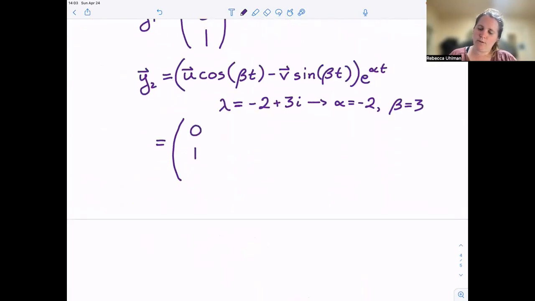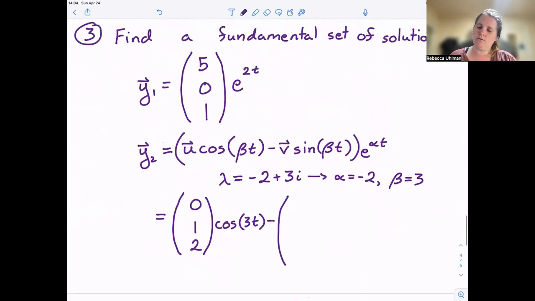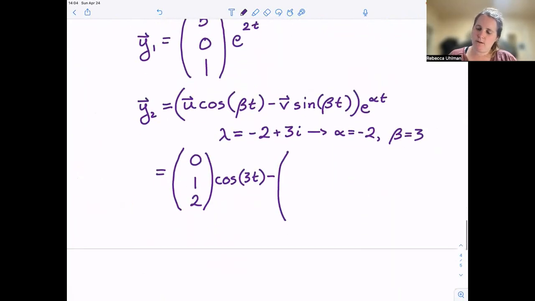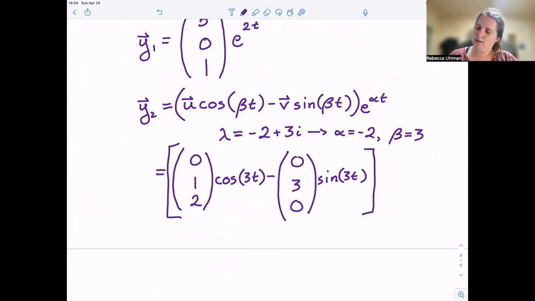So we have the vector 0, 1, 2 times cosine of 3t minus v. The vector v was 0, 3, 0. So minus 0, 3, 0 times sine of 3t. And then all of this multiplying e to the -2t.